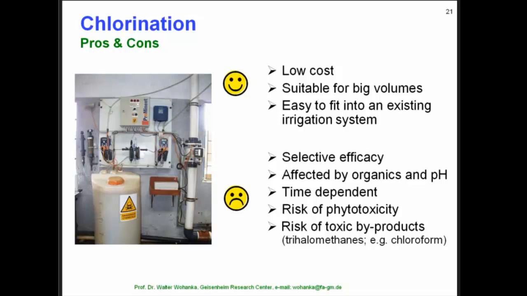There is, of course, a risk of plant damage, and there's also a certain risk of toxic byproducts. And therefore, due to its downsides, chlorination is not widely used for disinfecting recycled irrigation water in Europe, at least in the northern and western parts, Germany and the Netherlands in particular.